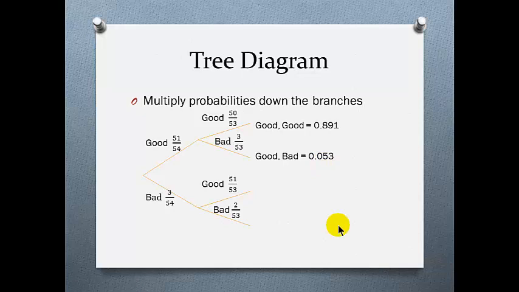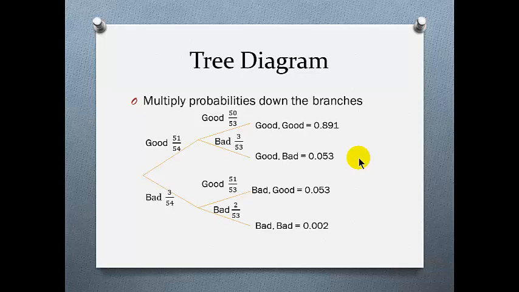On the bottom half, we've got bad, good. For our next possibility, 3 54ths times 51 53rds is going to be about 0.053. And bad, bad, multiplying 3 out of 54 times 2 out of 53 is 0.002. And we have a little round off error in there. But now we've got the probabilities of all the possible outcomes of drawing those 2 light bulbs.